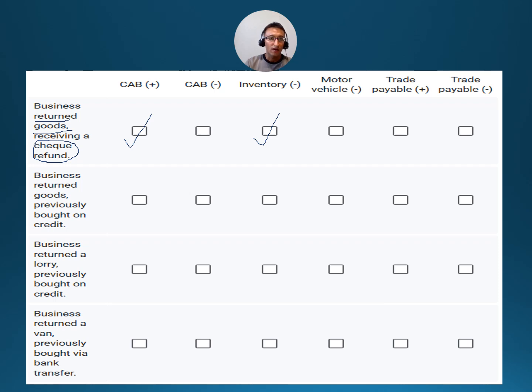Okay, next one. Again, the business returns goods. So when they return goods, they will have less inventory. Previously bought on credit. As you see here, previously bought on credit. So this has something to do with the trade payable or the supplier.